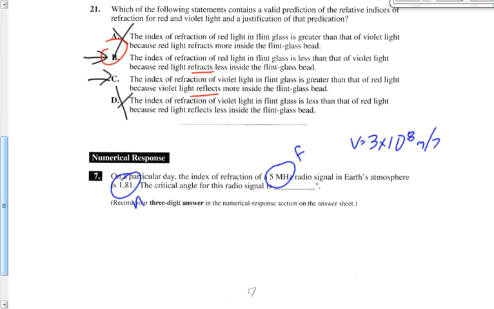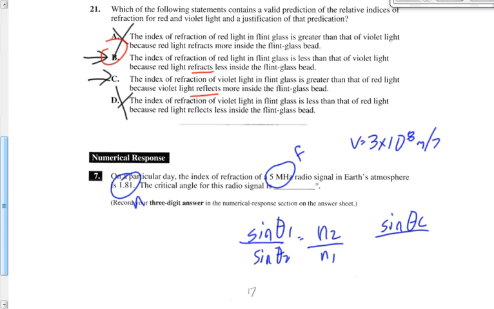Let's use Snell's law here. Sine theta 1 over sine theta 2 equals n2 over n1. Let's say sine theta c over sine 90, because when we're finding the critical angle, theta 2 will always be 90.